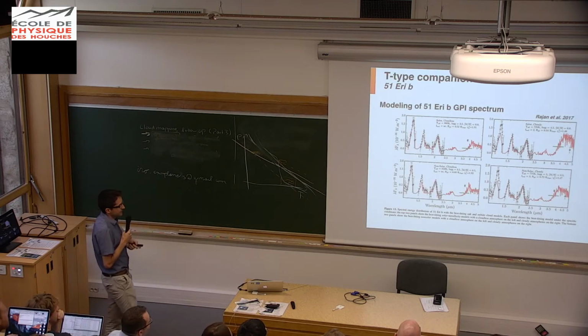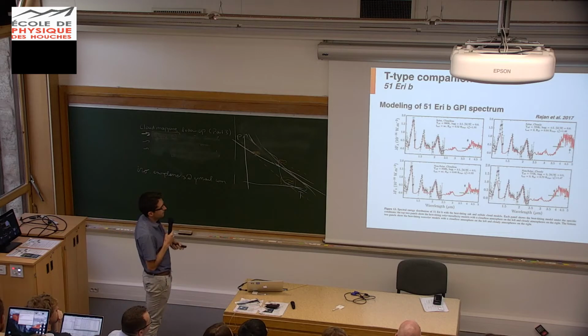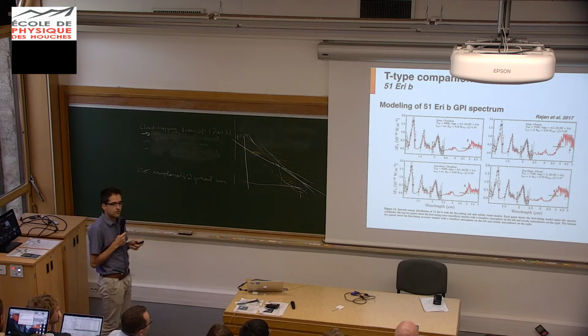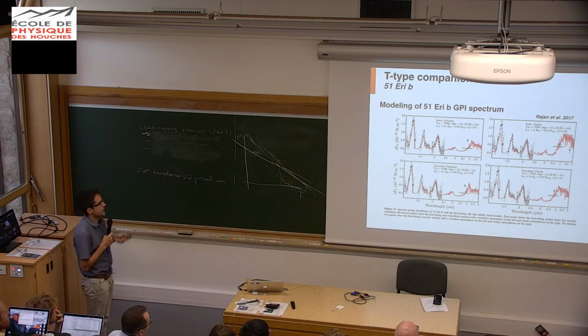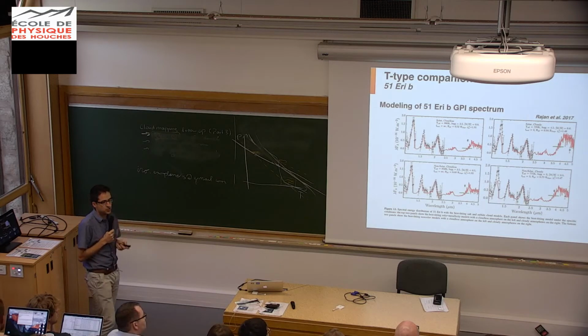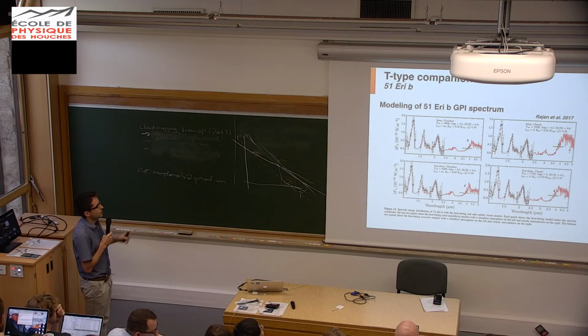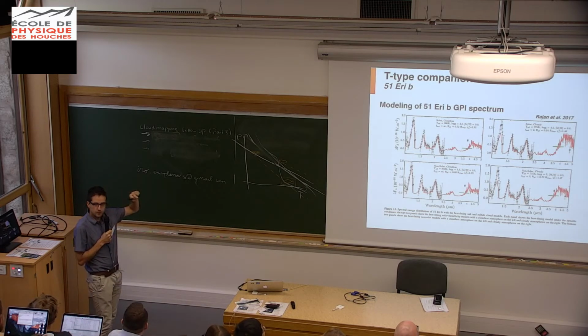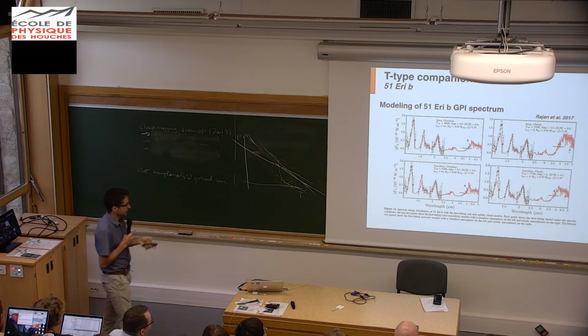When the GPI spectrum gets analyzed, the GPI consortium is concluding that actually this object needs models with clouds as well. So actually they have used different cloud models, but one is particularly interesting, and it involves the formation of sulfate and salt clouds, which would tend to appear in the low gravity atmospheres of T dwarfs. Okay.